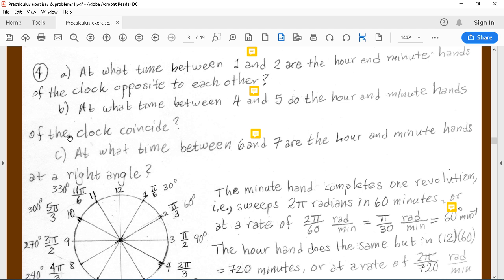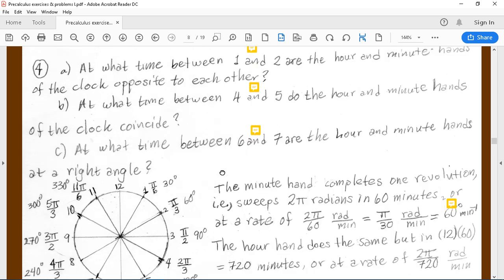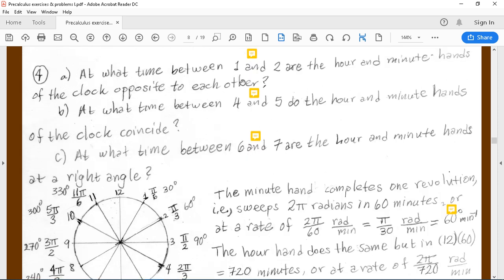You have 3 exercises with reference to this clock shown here in this drawing. The first exercise says, at what time between 1 o'clock and 2 o'clock are the hour and minute hands of the clock opposite to each other.